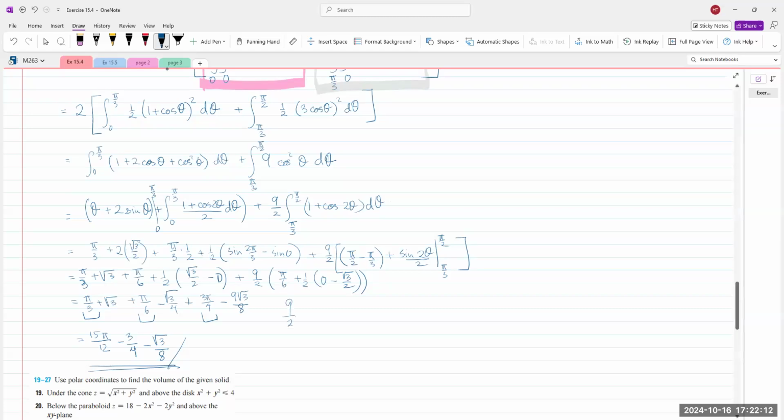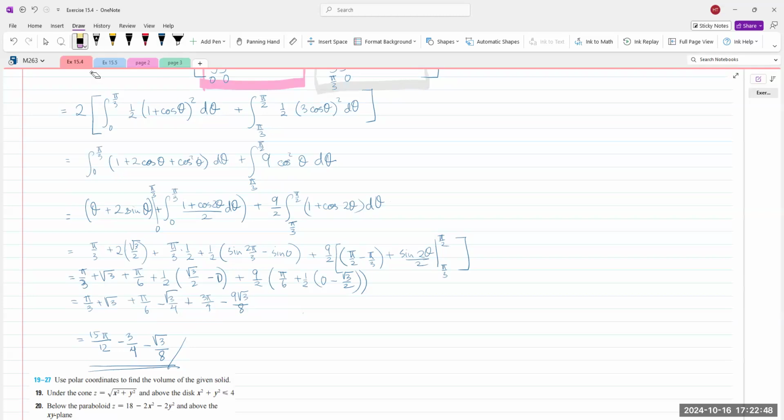So 9 over 2 times pi over 6, cancel this by 3. So 3/4 pi, okay. And then integral of cosine 2 theta is sine 2 theta over 2. That's the 1/2, 2 pi over, sine 2 pi over 3 is that. Okay, now then I need to recompute this.